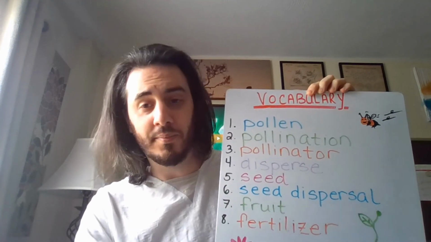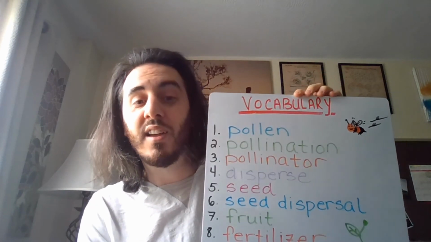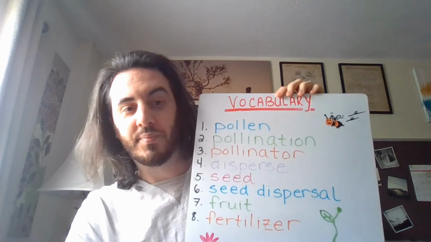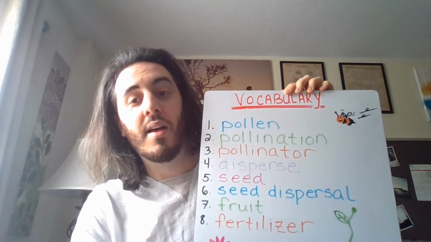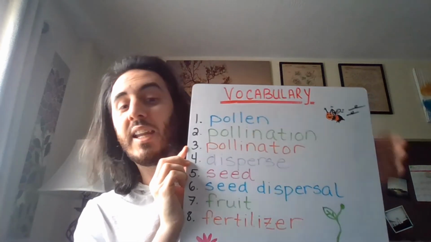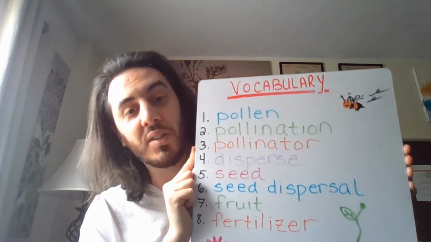Pollination. Sorry. Pollination is the process of moving pollen from one flower to the other. A pollinator. A pollinator is any person that moves pollen from one plant to another.